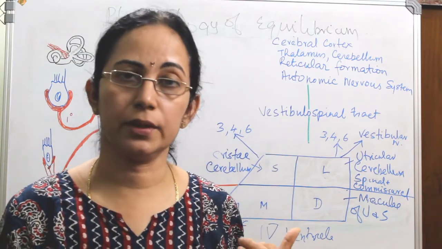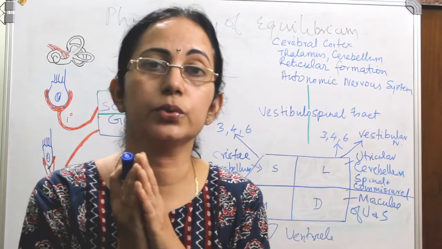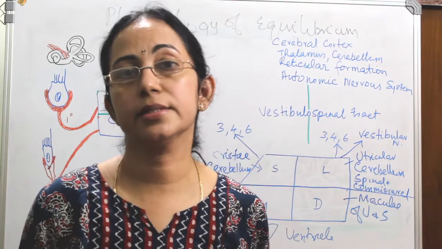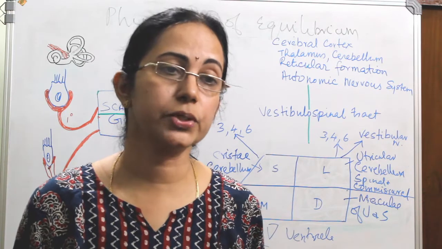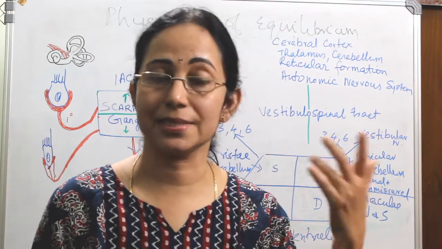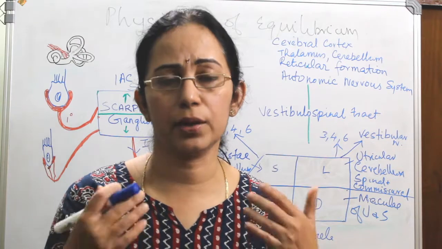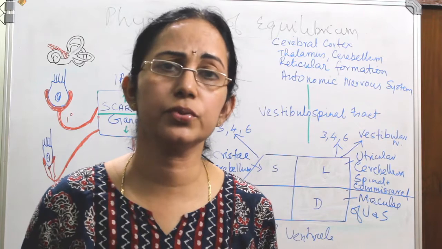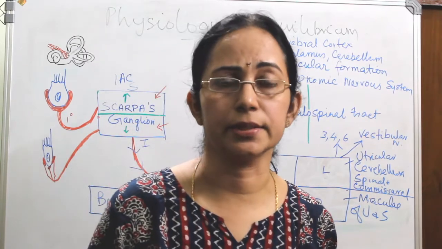But in case of equilibrium or balance, it cannot go through a specific pathway because there is a large networking between the vision, proprioception, superficial sensation, cerebellum, cerebral cortex, reticular formation, everything, and also the position of the head, position of neck, body posture, the spinal cord, everything is highly interconnected.